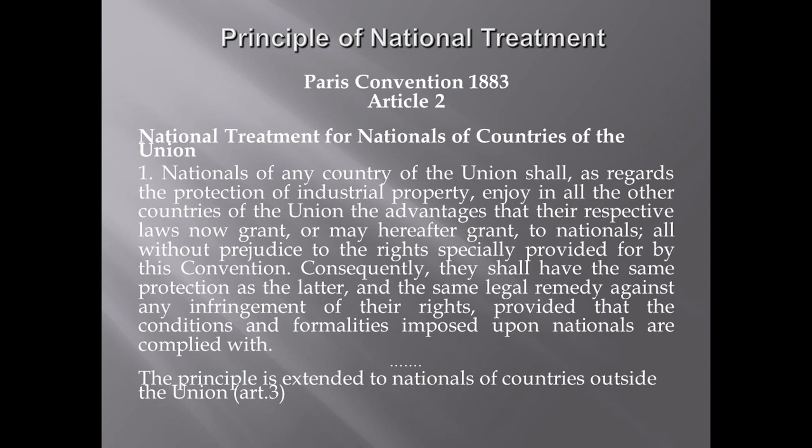Consequently, they shall have the same protection as the latter, the same legal remedy against any infringement of their rights, provided that the conditions and formalities imposed upon nationals are complied with. So again, this national treatment speaks against favoritism.